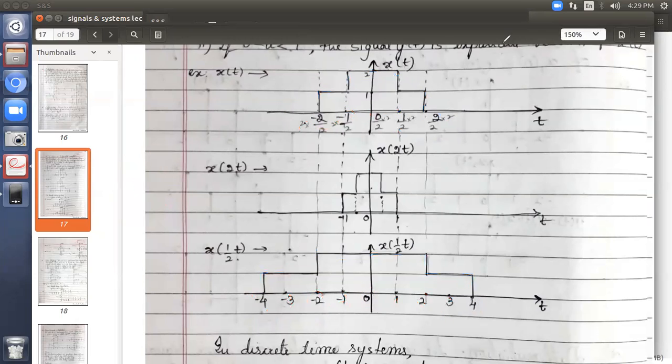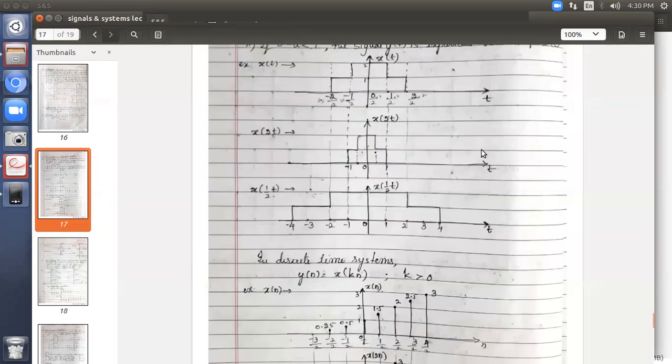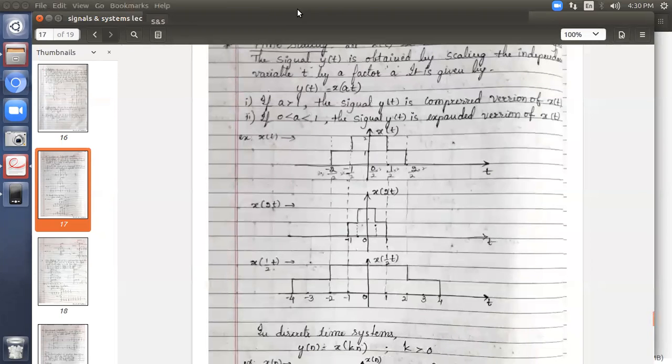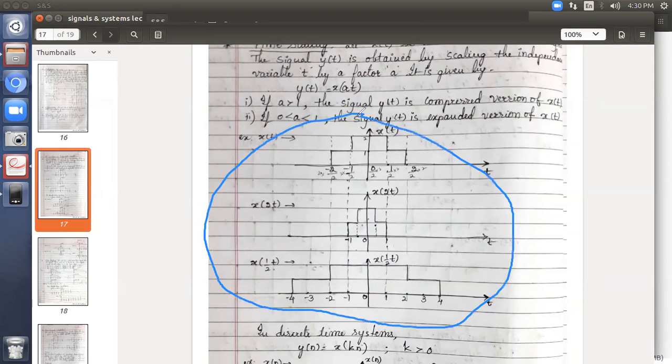I will just zoom out so that it is clear to you. Okay. Compare all these three signals. This is your original signal. This is your compressed signal, where time range, you divide it by a.